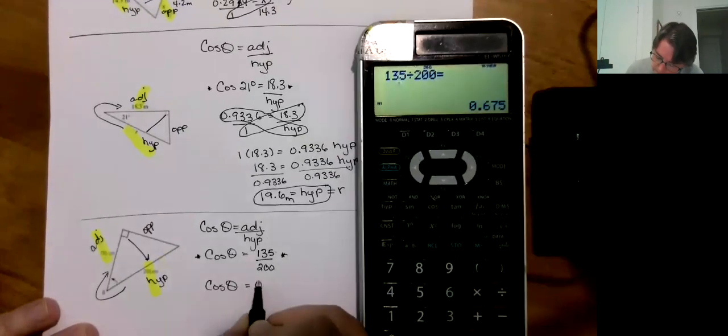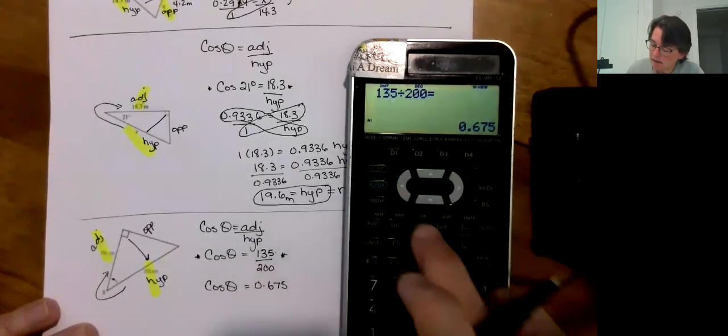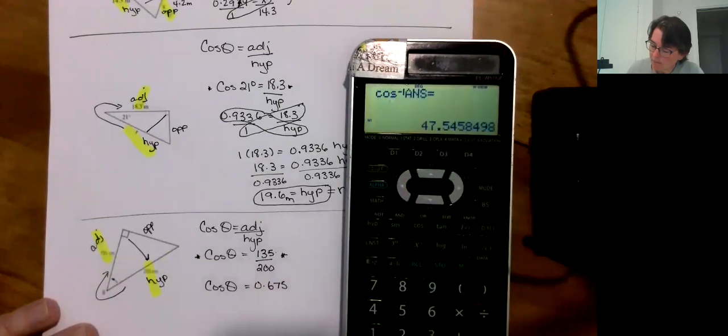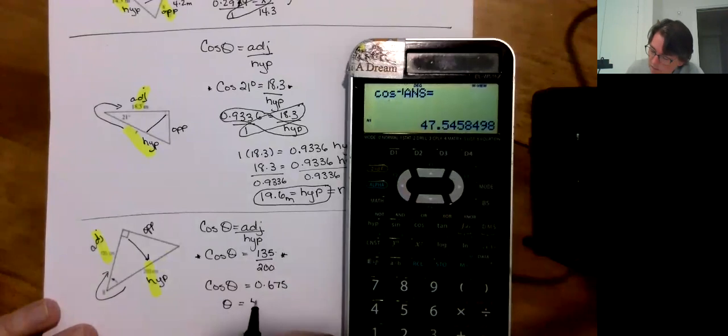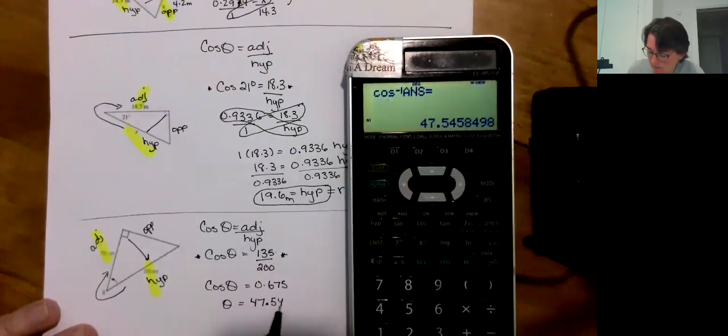So 0.675. And then we go second and cos. So theta is equal to, whoopsie, 0.54 of theta, 48 degrees.